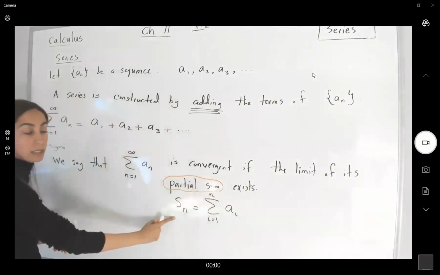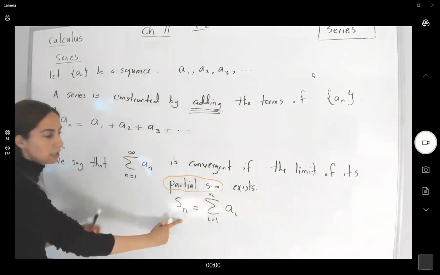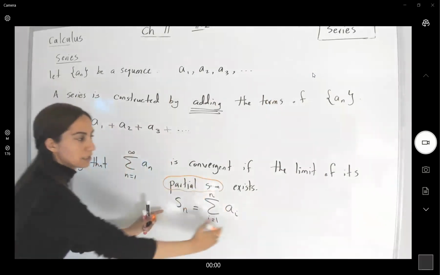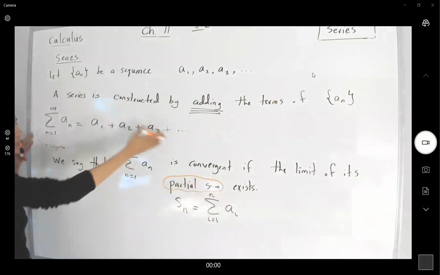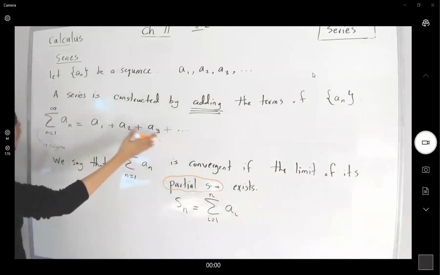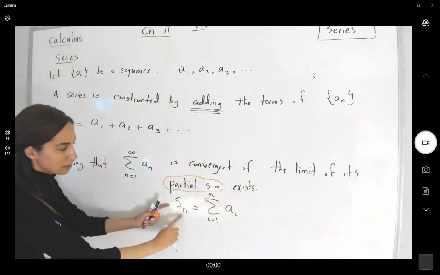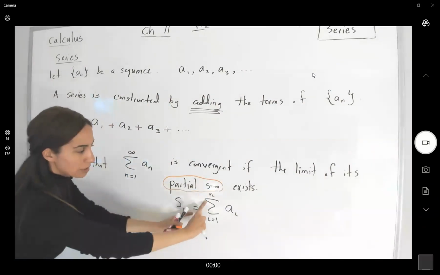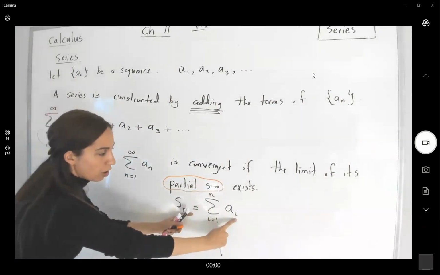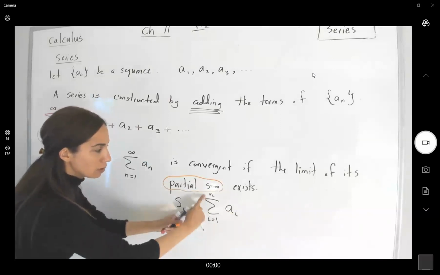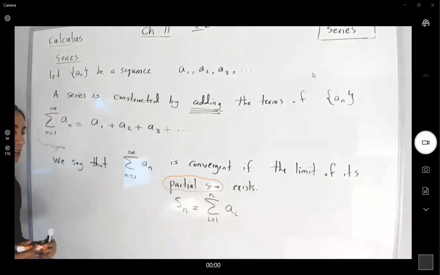We take the limit of S of n. If the limit exists, we say that this big series is a convergent series.